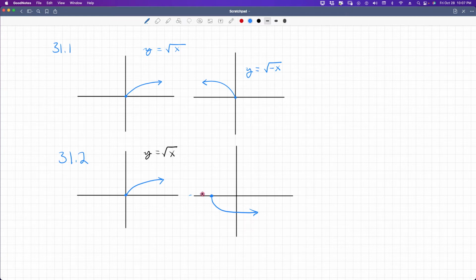So the first thing we need to do is we need to address the change in the reflection. So here we changed the x value because it was about the y-axis. So now we're going to change the y value because it was about the x-axis.